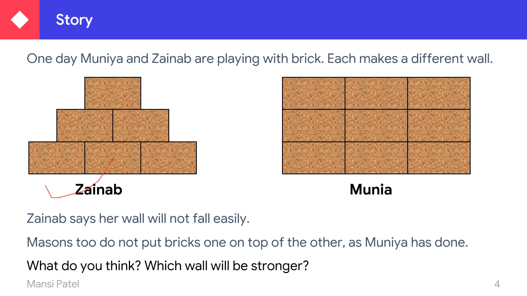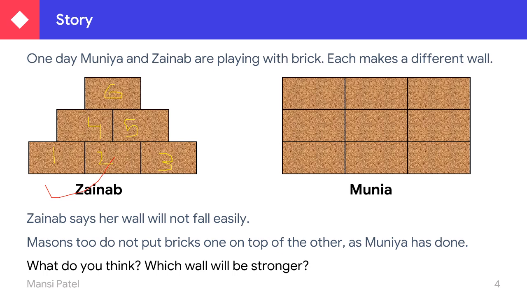But why will this wall be stronger? So see the arrangement of Zainab's wall. See here, this is the first brick. Here it is second. Here it is third. This one is fourth. This one is fifth, and this is the sixth.